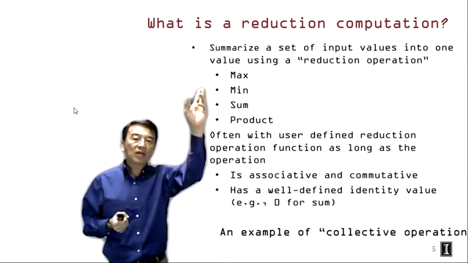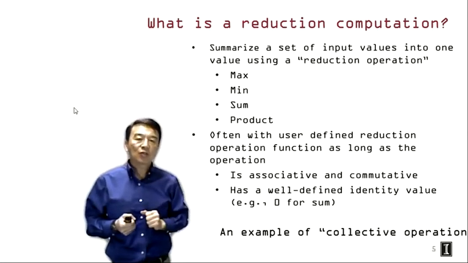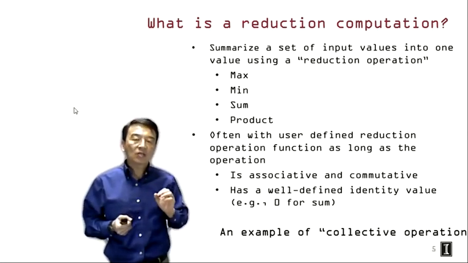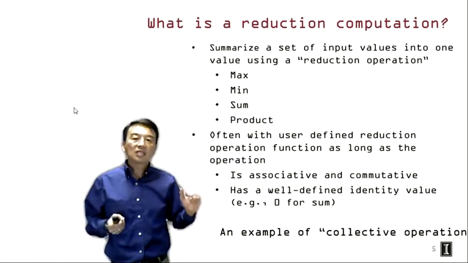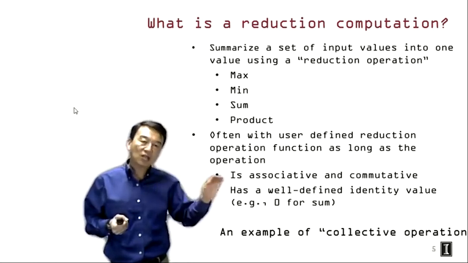For example, we can have a max reduction operation. Essentially, a max reduction operation is to determine between two elements, the bigger one of the two. So whenever we have a max reduction on a large data set, essentially we're finding the maximal value of the entire data set.